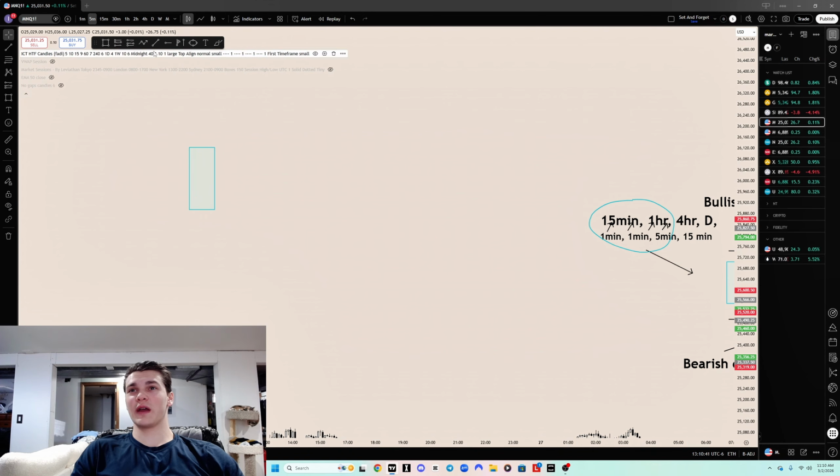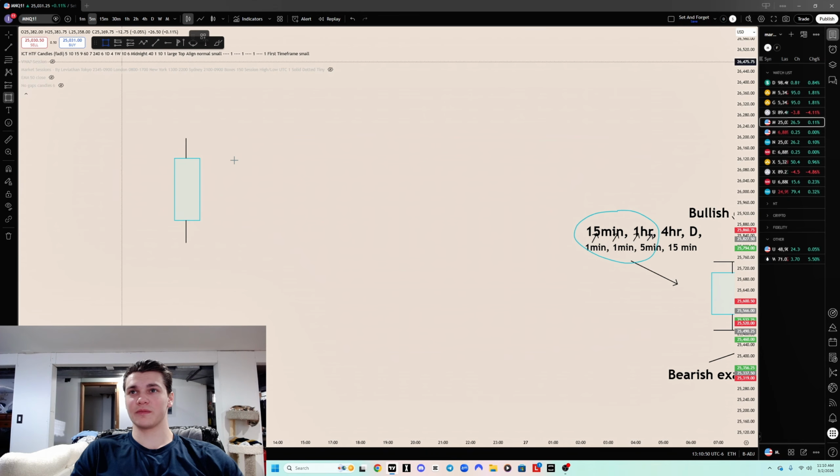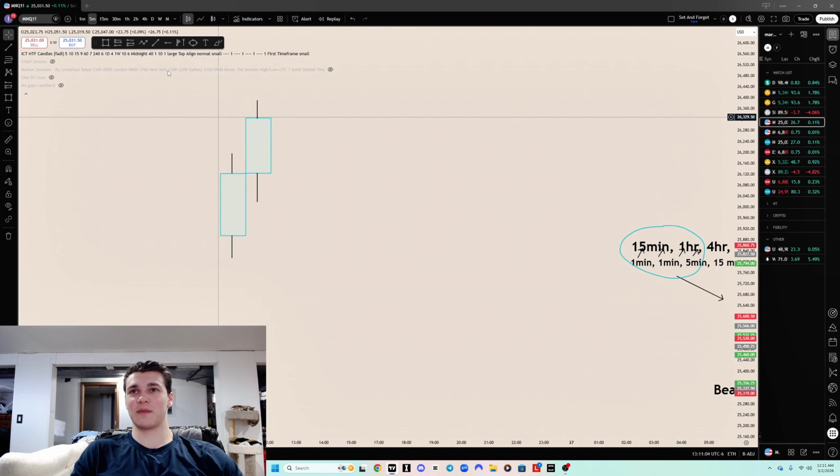So a candle range flip. Let's say this is a bearish example. Let's say you're wanting to take a sell here. Let's say this tapped into your POI right here.